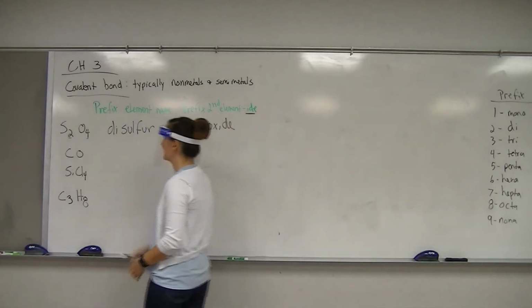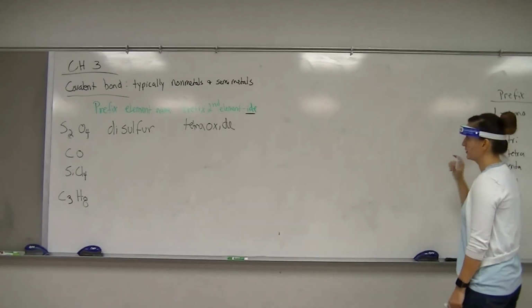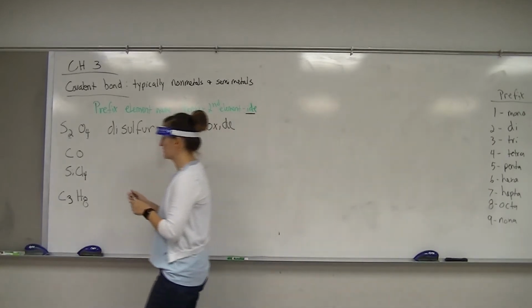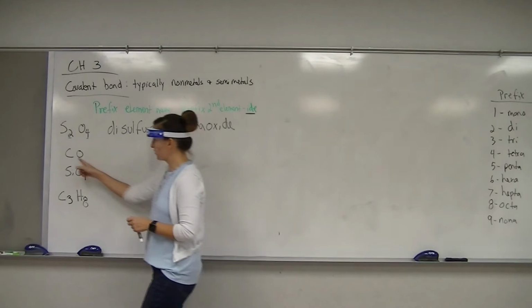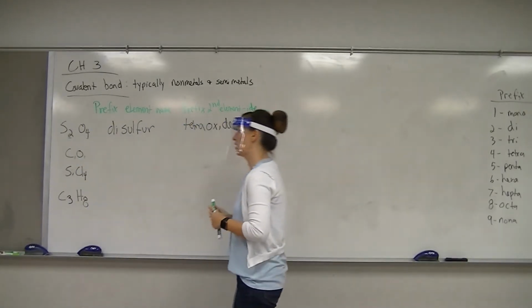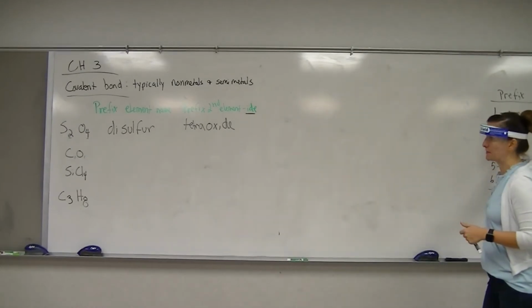All right, so let's try this next example. Based off of that outline, I need to start with a prefix. Here, there's no numbers. If there's no numbers, no subscripts, you just assume that there's 1. So that means there's 1 carbon and 1 oxygen. When we're talking 1, we're using mono.